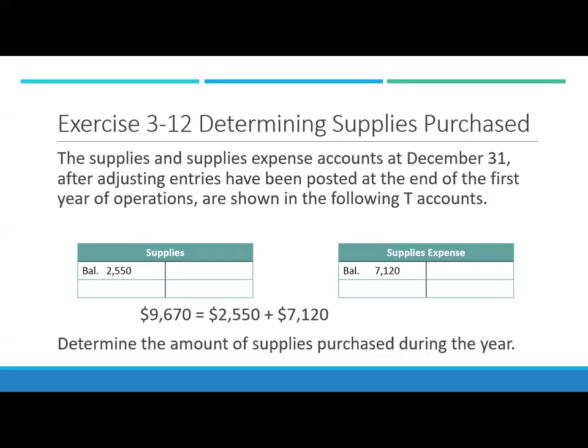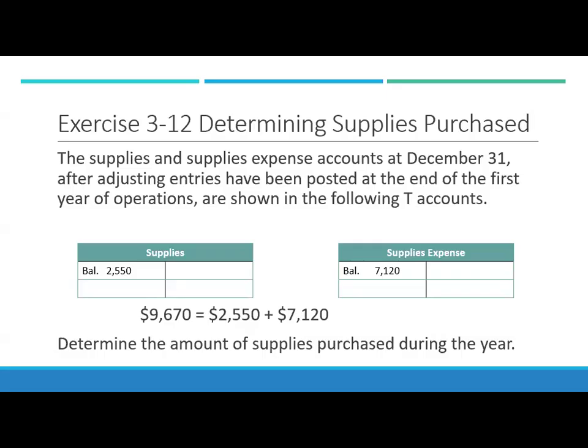But let's say that we had $2,000 in supplies on hand at the beginning of the period, then our supplies purchased throughout the period would go down, because the supplies that got used up, this 7,120, are the supplies that got used up during the period.